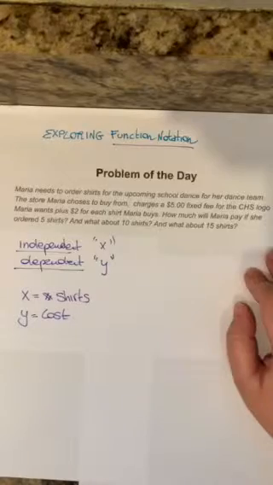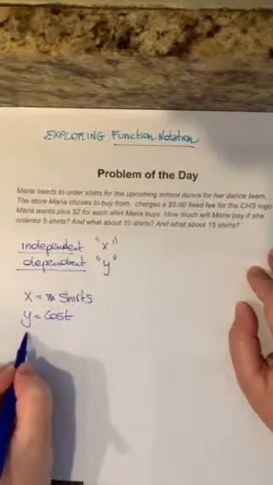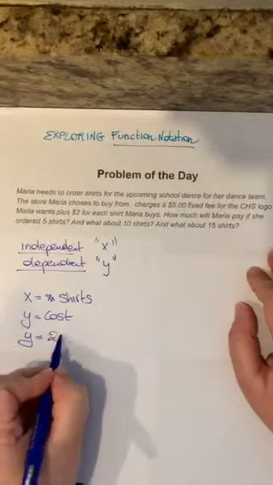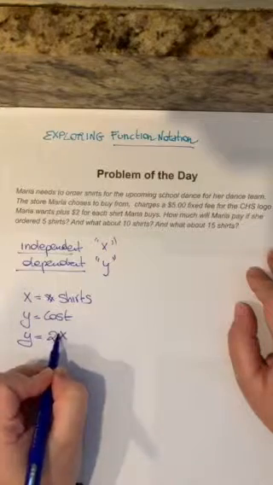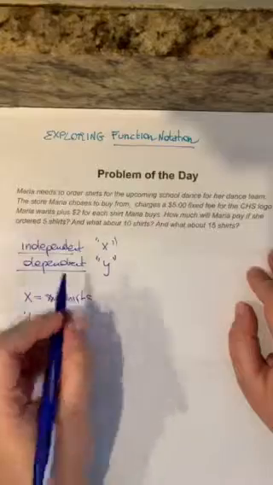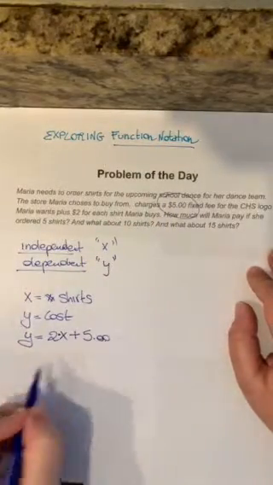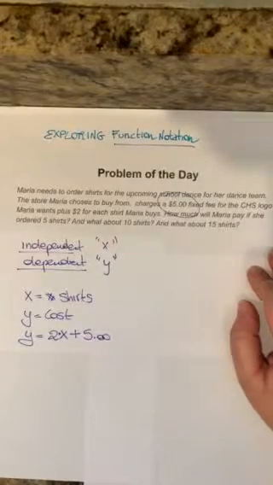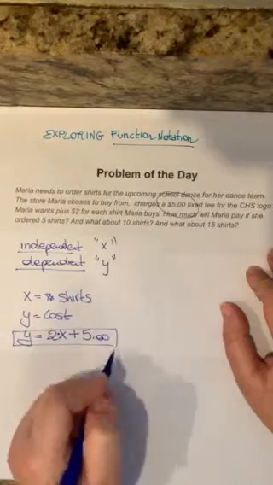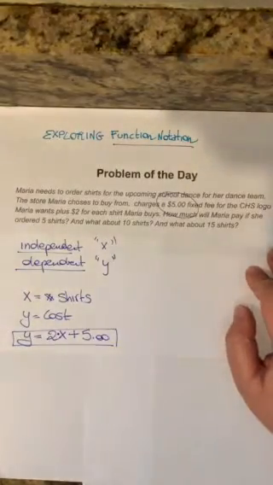The cost will vary according to how many shirts Maria decides on purchasing, $2 each, plus the fixed fee of $5. This one is our function.